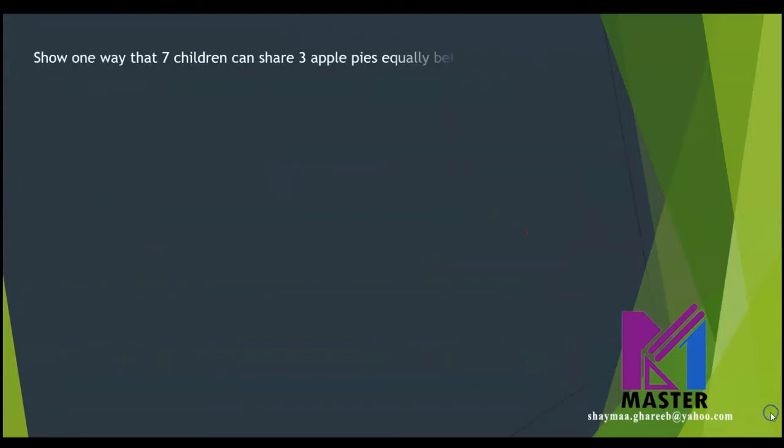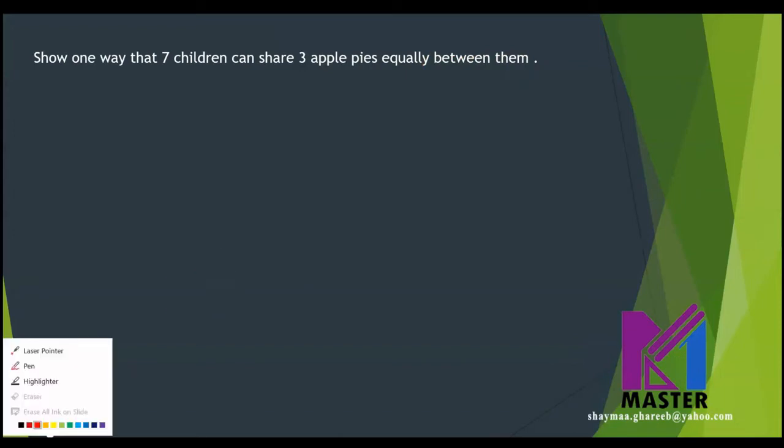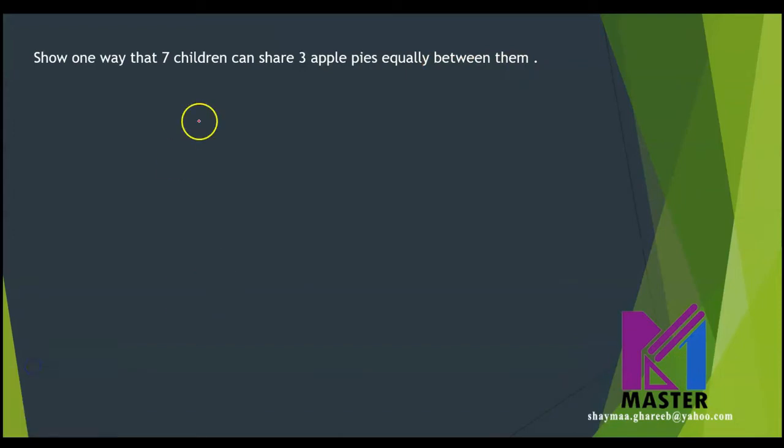Now let's see one more example. Show one way that 7 children can share 3 apple pies equally between them. In this question, we have 7 children and we have 3 apple pies.